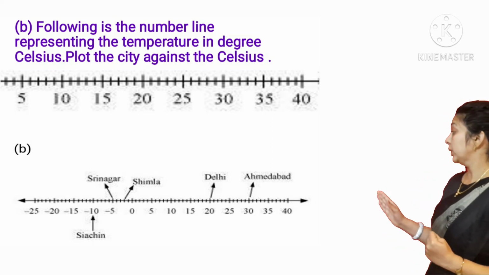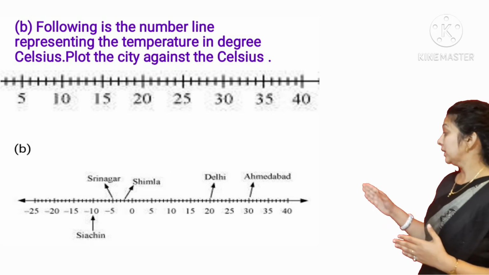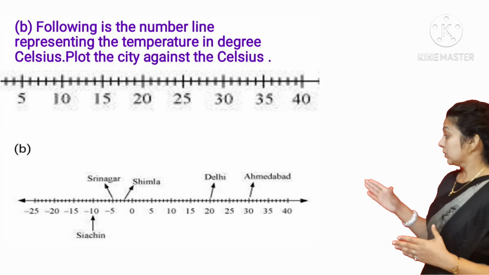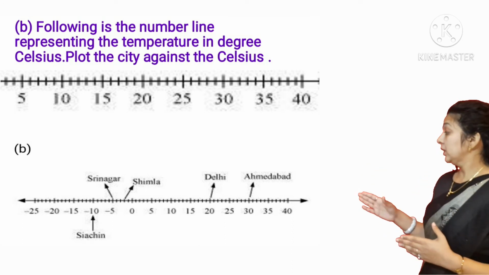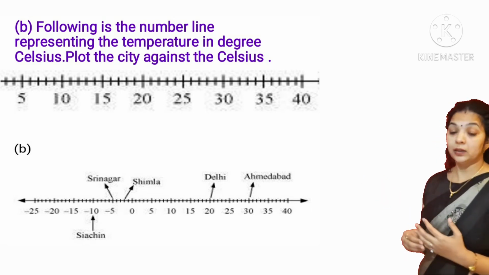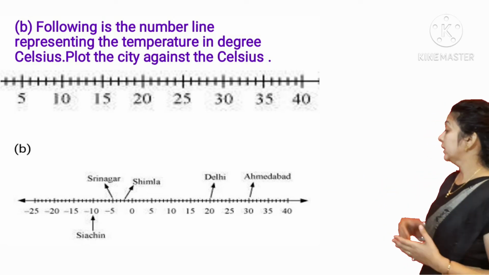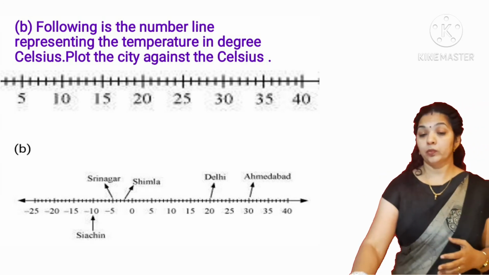Delhi is plus 20, so we can mark Delhi there. Shimla is at minus 2 degrees, so we mark Shimla at minus 2. Srinagar is minus 5 degrees, so it will be at minus 5, and Siachen is minus 10 degrees, so it would be located at minus 10.